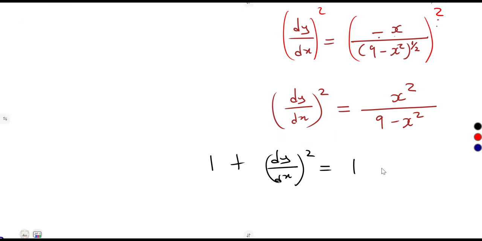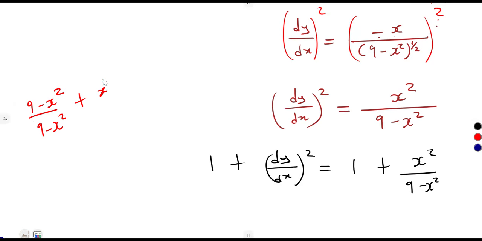It means 1 plus this, what we obtained, x squared over 9 minus x squared. So combine it to a single fraction. Remember what I said, guys, 1 is same as any number. So you look into the denominator of the other fraction. So 1 is same as 9 minus x squared over 9 minus x squared. It gives us a 1.